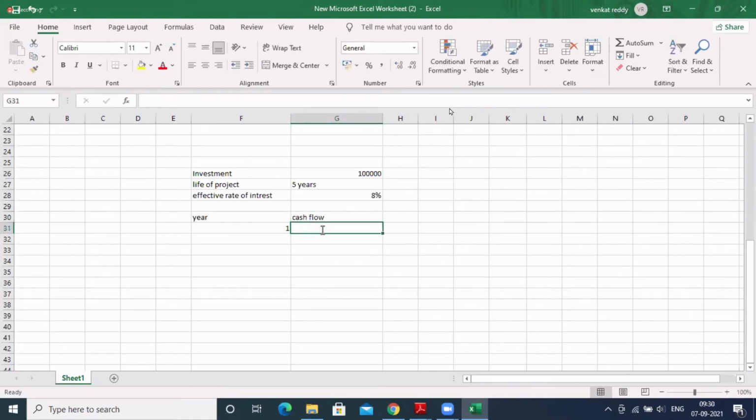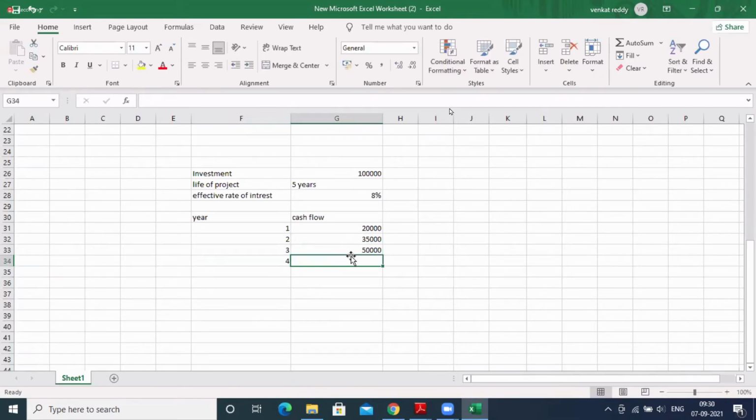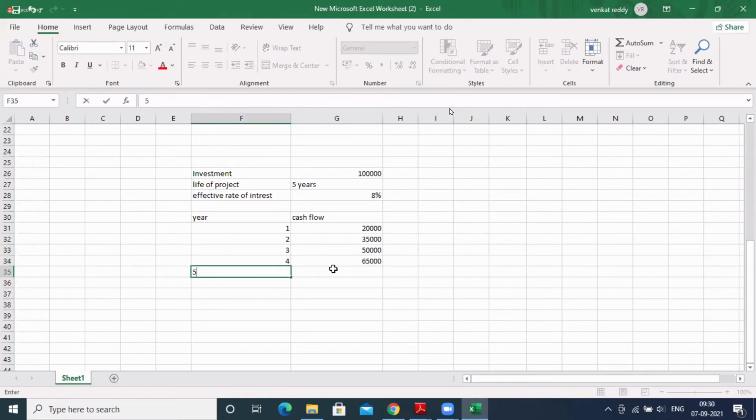Let us assume 20,000 for the first year, second year 35,000, third year 50,000, fourth year 65,000, and the last year 80,000. Now just carefully focus on this.